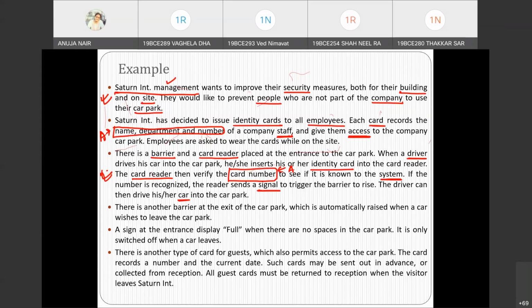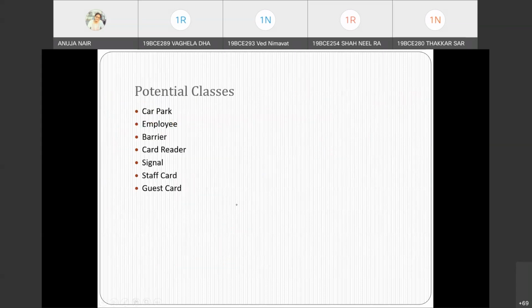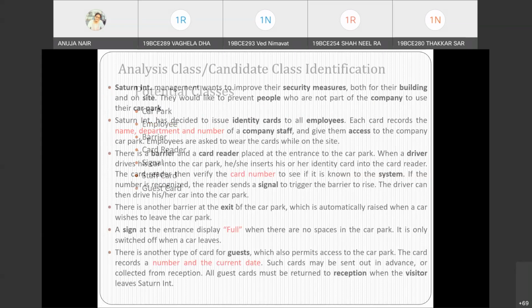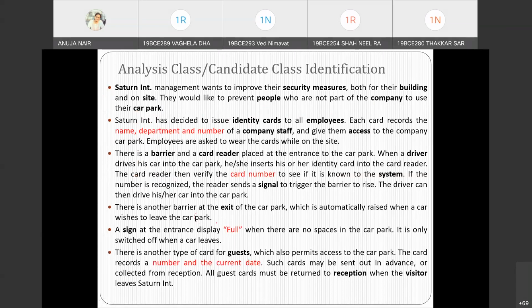Let's come to the fourth part. Can you tell me the analysis class? Fourth part, Dhaval, exit. Yes, very much correct. Exit.